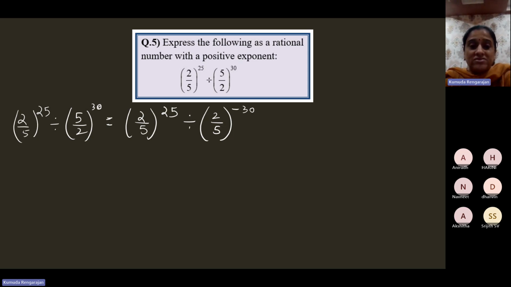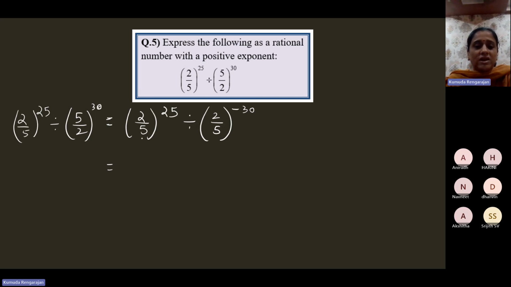You want to have the same base so that you can use a law. So 2 by 5 to the power 25 as it is. The next one, 5 by 2, write it as 2 by 5, the reciprocal of the base, and write the negative of the power, minus 30.